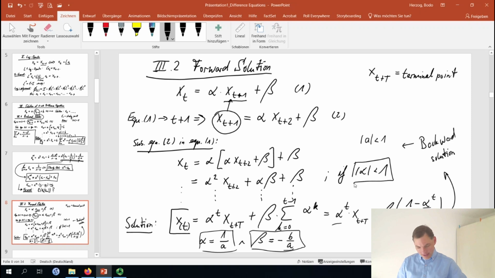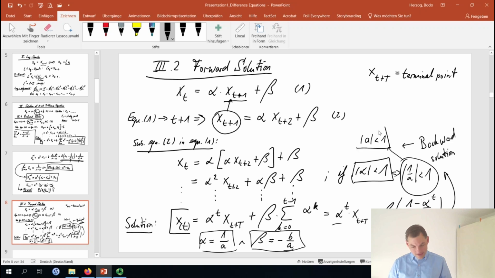But look, this is not the same, because if alpha, which is 1 over a, is less than 1, then you see immediately that this condition for the forward solution is not the same as in the backward solution, because this condition would mean that a is greater than 1 in this forward solution. That is what you have to take care of a little bit when you work with backward and forward solutions.